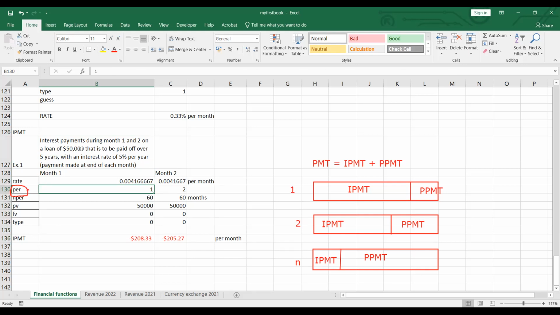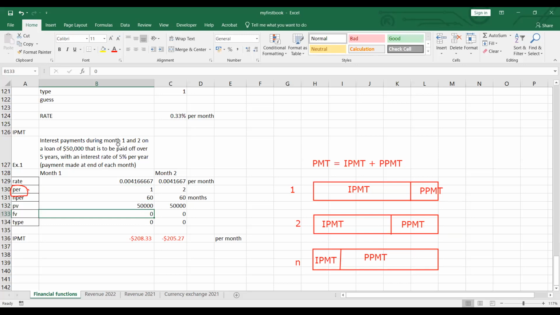That means you borrow the money from the bank, and on day one the money is with you, so PV is positive 50,000. Then you want it to be paid off, so future value is 0.